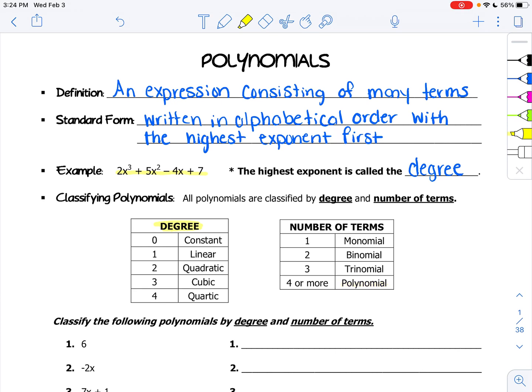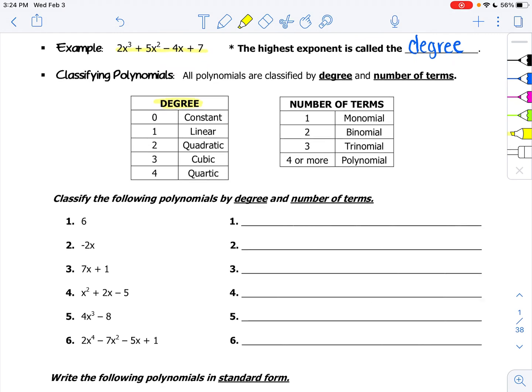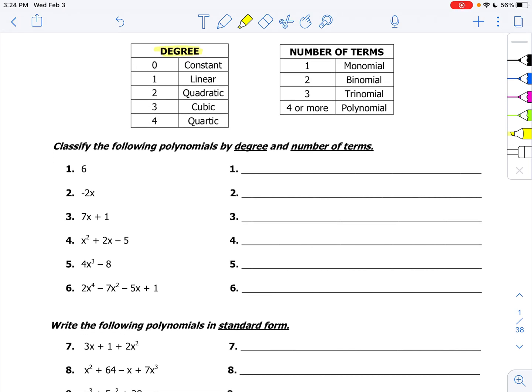So let's look at some examples and try to classify them based off of degree and based off of the number of terms. So number 1 is 6. So we can classify this as a constant, and it is a monomial.